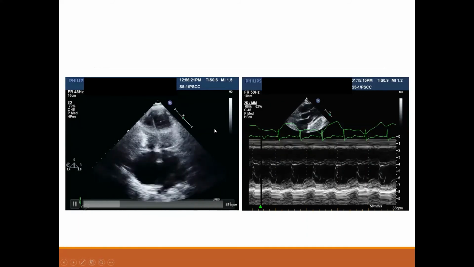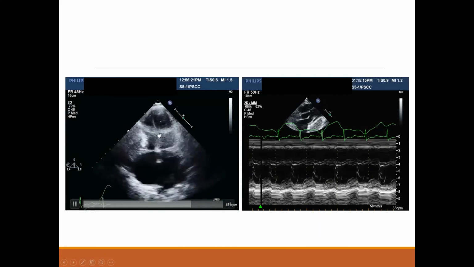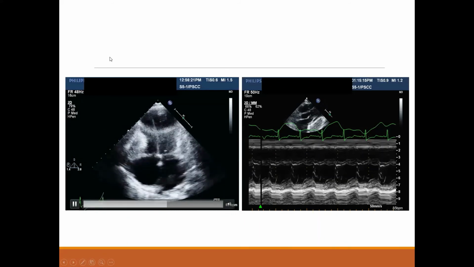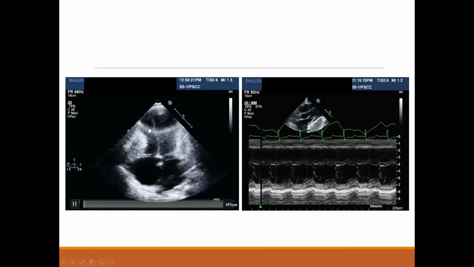Because of the bilateral... The other thing, by the way, bouncing is what? Bouncing is a respirophasic movement of the septum. Respirophasic means with inspiration and expiration.